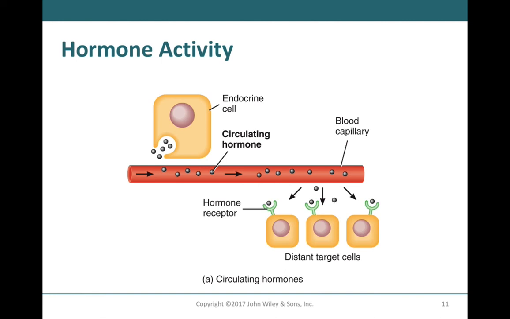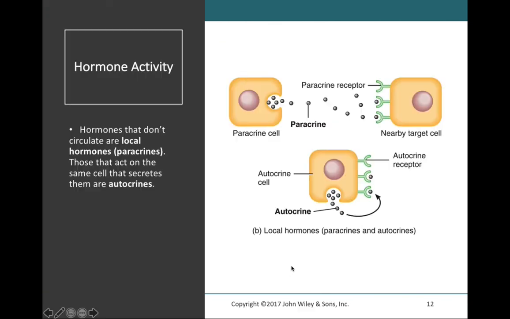Now, we haven't quite gotten to all of the different effects that can occur from hormones binding to their receptors. But again, we want to make sure we're focusing on how this system works so that we can then understand the specific effects of these hormones and how they are propagated. So most of our endocrine organs are in fact considered circulating hormones.